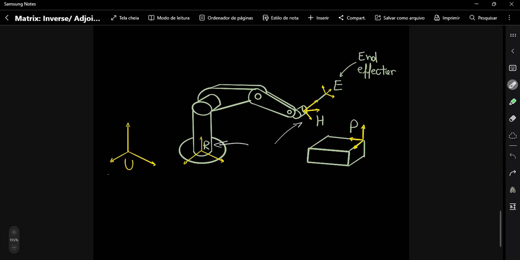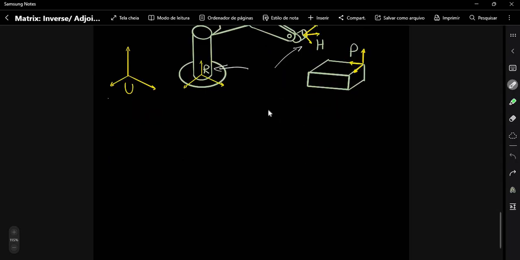The first thing that we can interpret is this name, the end effector. The end effector means where the tool that is attached to this frame of the robot is going to be at the end of the task, and we have to pay attention.